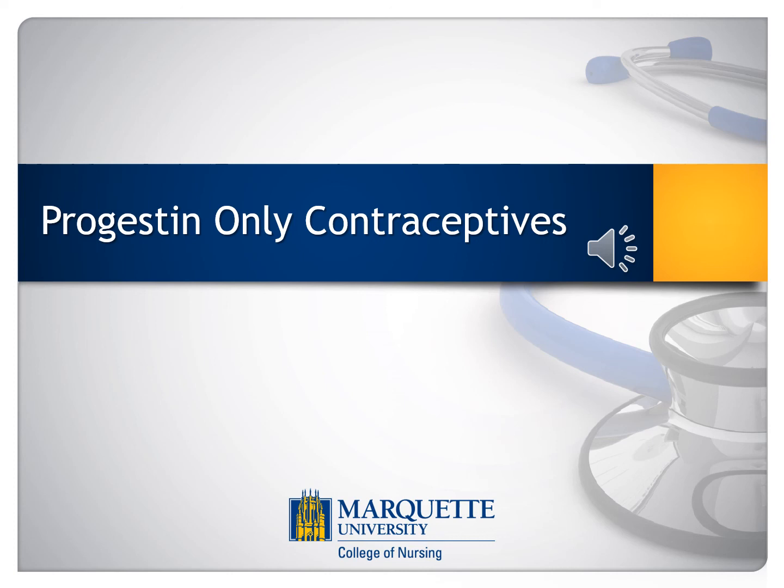So women who have heart problems, women who are older than 35 and smokers, and breastfeeding moms, progesterone-only contraceptive methods would be ideal for them. But any woman can use progesterone-only contraceptives with a few exceptions. And remember, progesterone alone is okay, not estrogen.